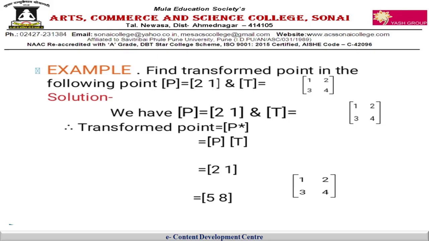We know the formula for the transformed point, P star, equal to the position vector of point P multiplied by the transformation matrix T, which is [2 1] into the matrix with rows [1 2] and [3 4]. After calculation, we get the transformed point (5, 8).